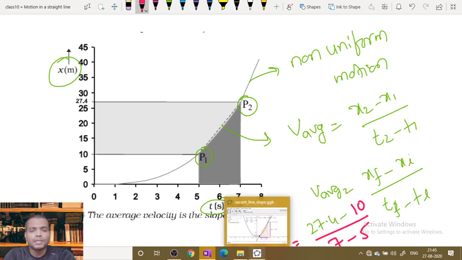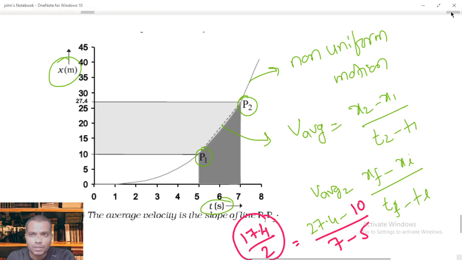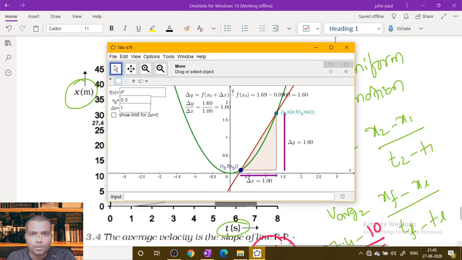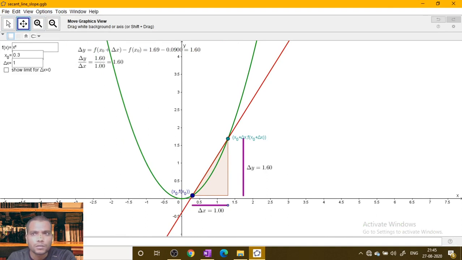So for that, let me take you through one graphical model. I would like to talk about new things related to mathematics. Whatever I talk now goes entirely into mathematical language.